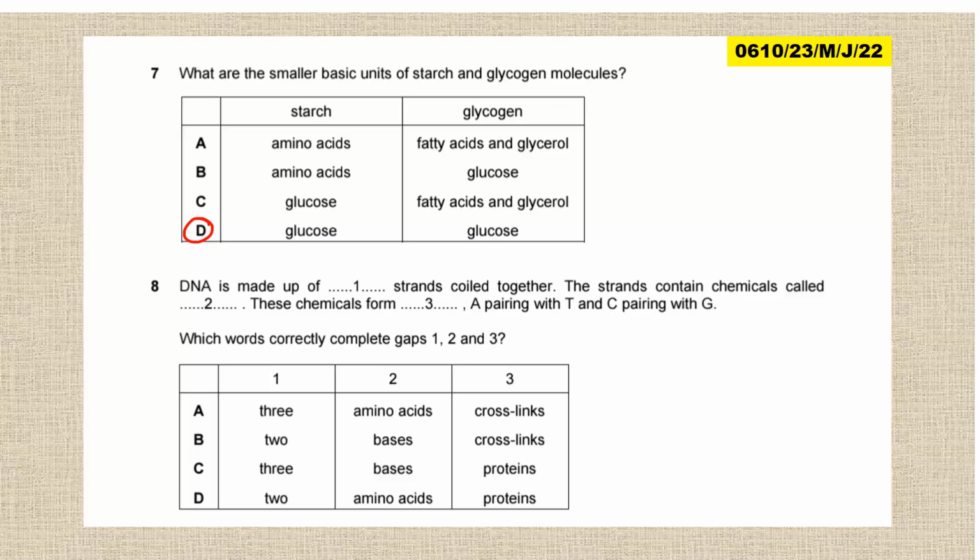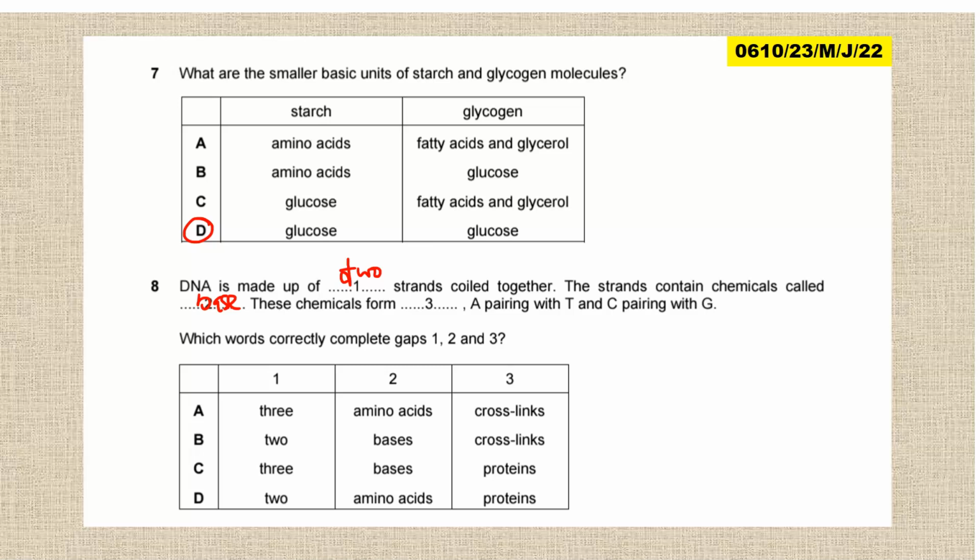Question 8, DNA is made up of dash strand coiled together. So it's made up of double strand or two strands coiled together. The strand contain chemicals called bases. So it contains chemicals called bases. These chemicals form dash.